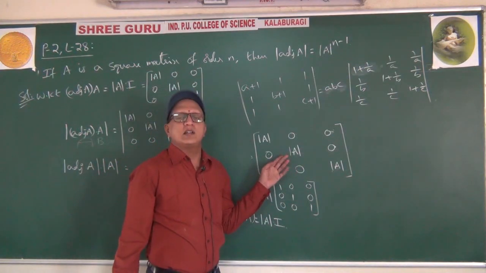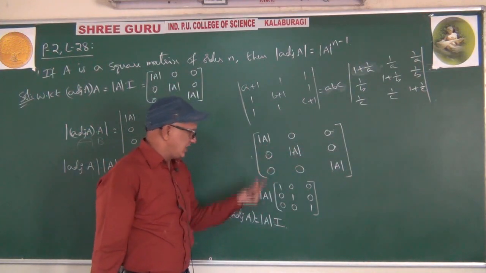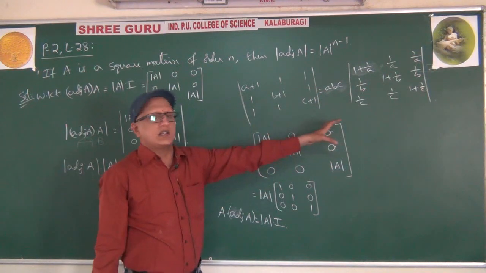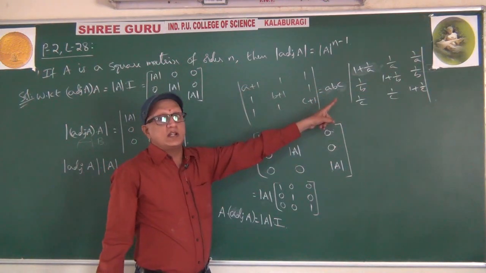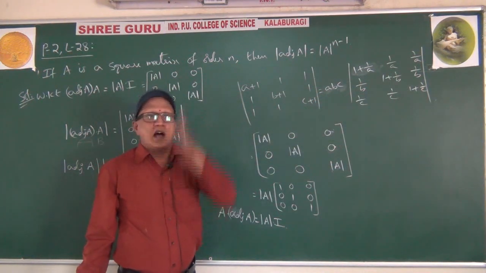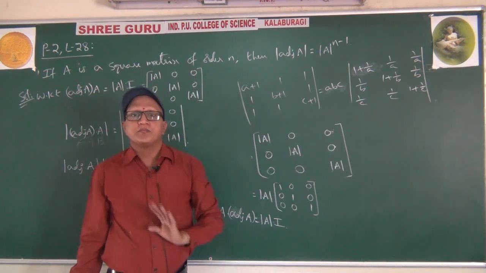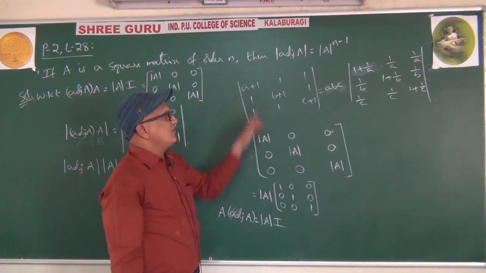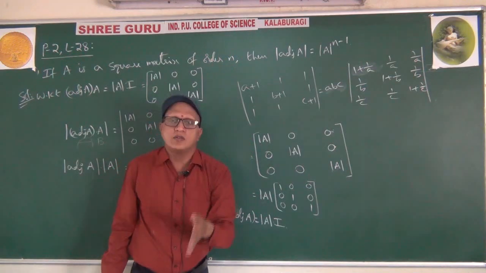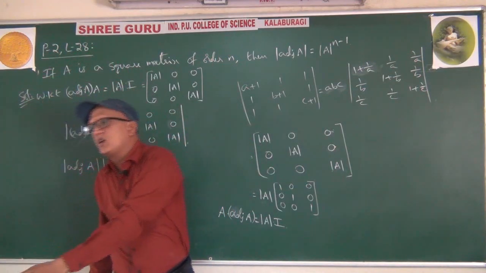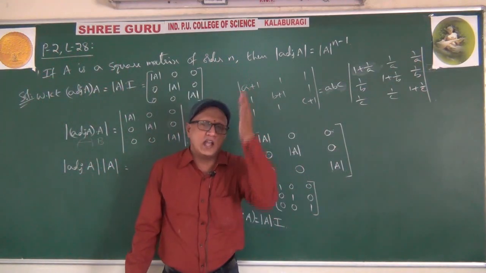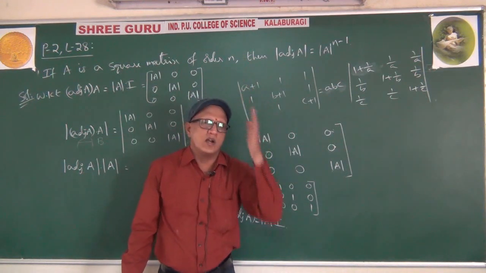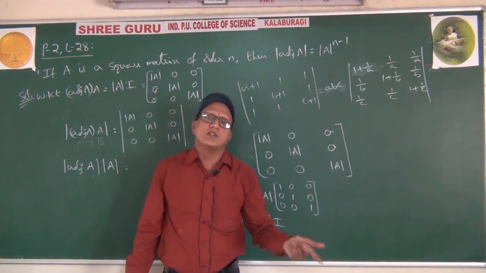This is a matrix, so you can take determinant A common from the complete matrix. But in determinants, it is row-wise or column-wise: taking a common from the first column, b from the second column, c from the third column, x common from the second row, y common from the first row, that is possible.